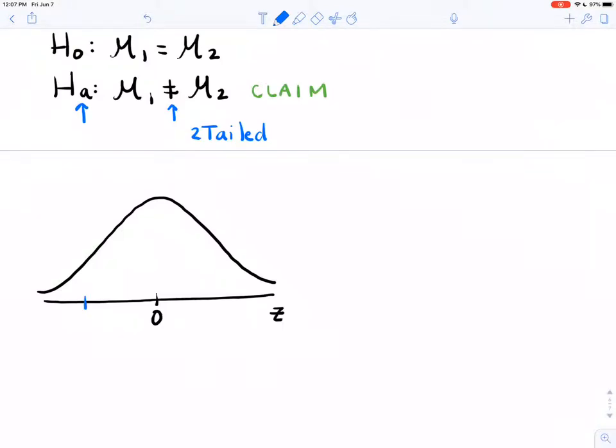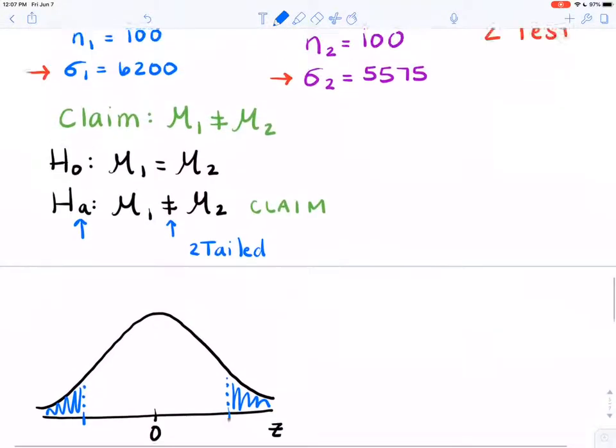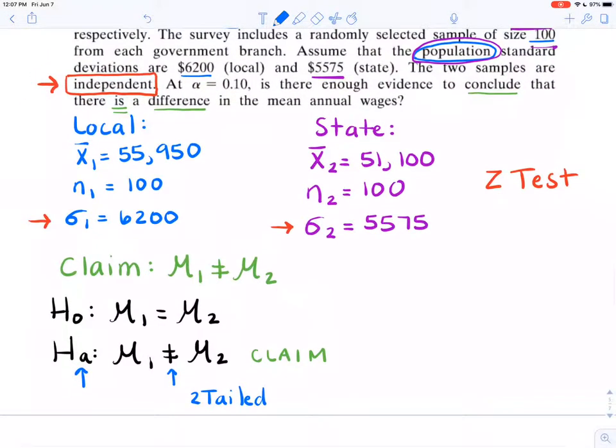So I'm going to come down here and shade the rejection region for a two-tailed test, half of it in the left tail, half of it in the right tail, and I'm going to remember that my level of significance, which is sitting right up here, always gives me the area of the shaded rejection region.